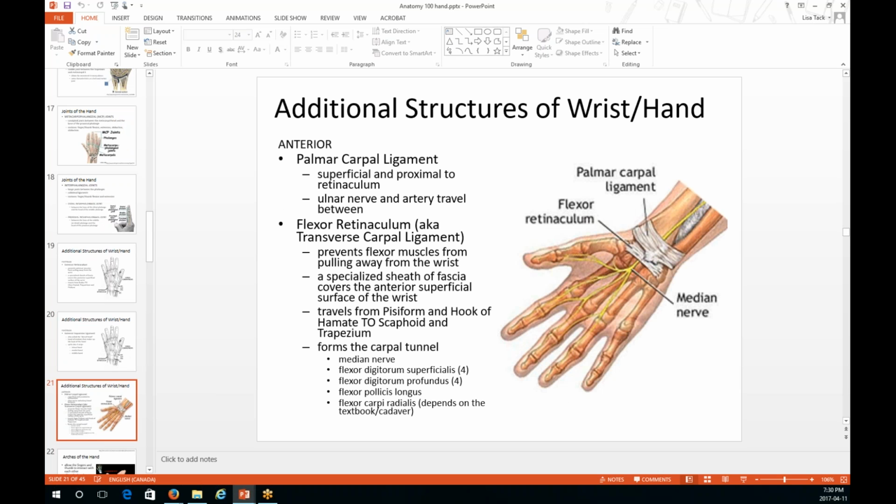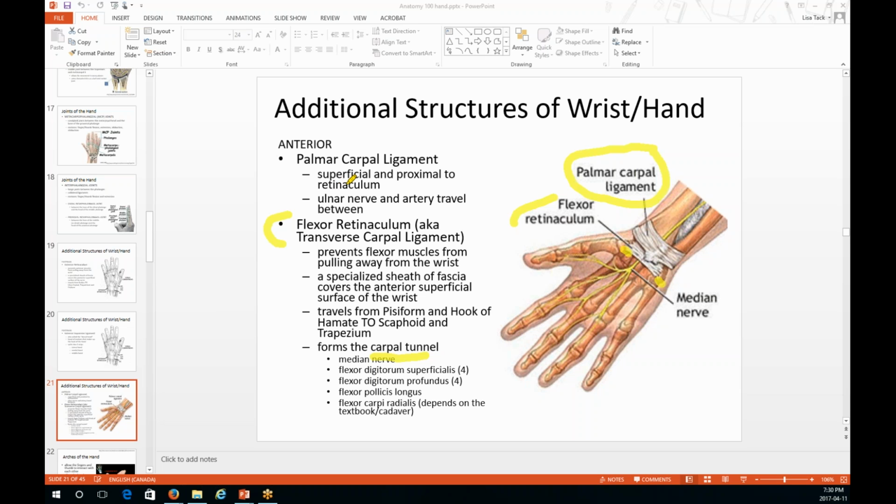And on the front, okay, we already talked about the flexor retinaculum, which is sometimes also called the transverse carpal ligament, and that's what had to do with the carpal tunnel, okay? And that's the one right here, flexor retinaculum. If we look proximal to that, we see a palmar carpal ligament.